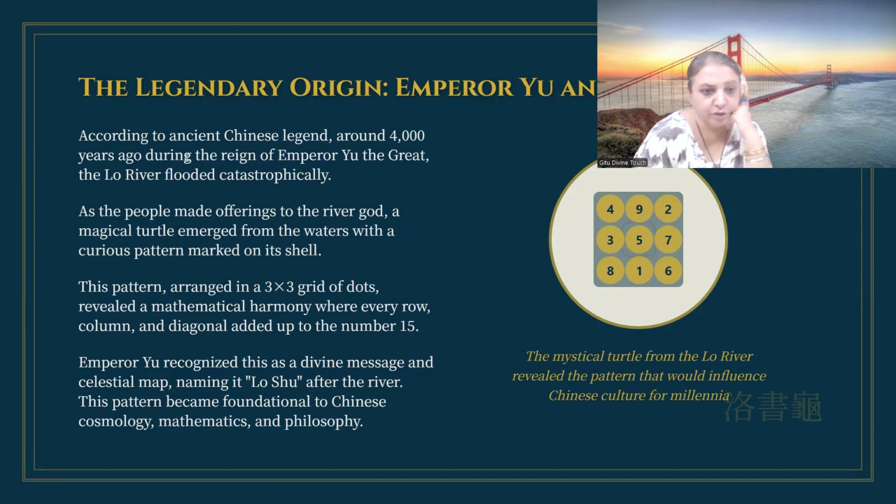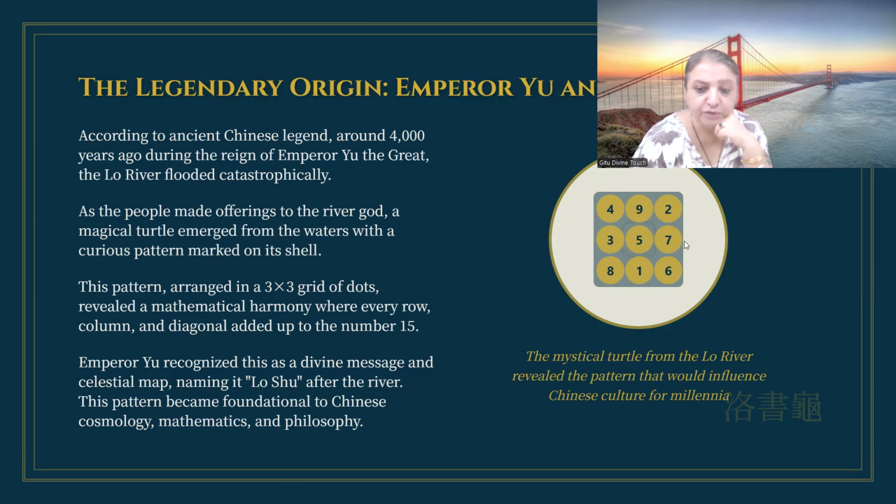According to ancient Chinese legend, around 4,000 years ago, during the reign of Emperor Yu the Great, the Lo River flooded catastrophically. As the people made offerings to the river god, a magical turtle emerged from the waters with a curious pattern marked on its shell.